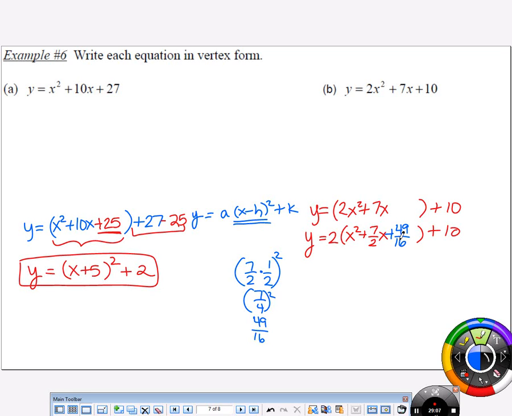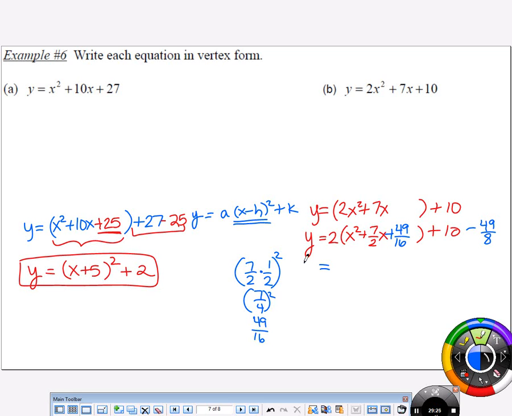What do I get after I multiply 49 over 16 by 2? 49 over 8. So I could either add 49 over 8 to the other side, or if I want to do all my work on the same side, I could subtract the same amount that I've added to this side. So 49 over 8.